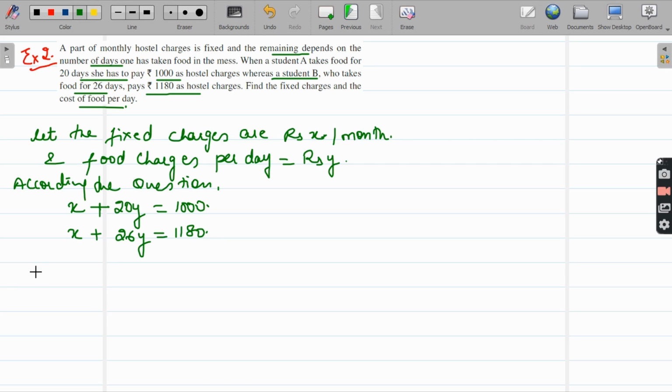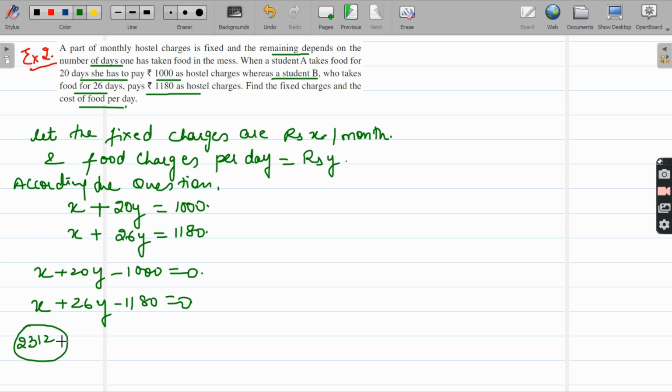So x plus 20y minus 1000 is equal to 0 and x plus 26y minus 1180 equal to 0. So let me write down the coefficients again. So we have 20, 26, then minus 1000 and minus 1180, then 1 and 1 and 20 and 26.